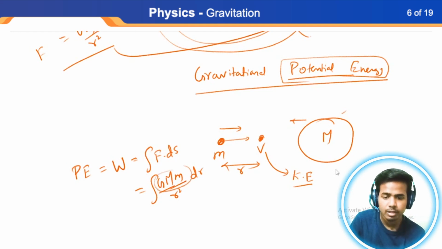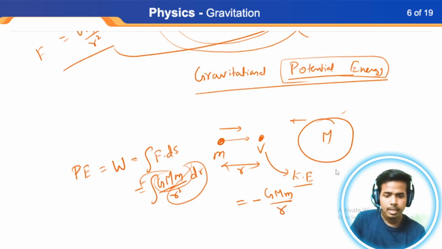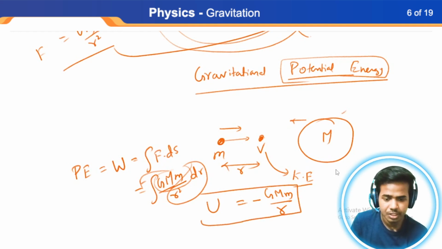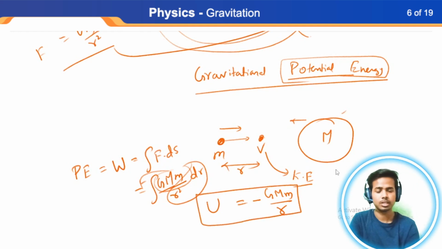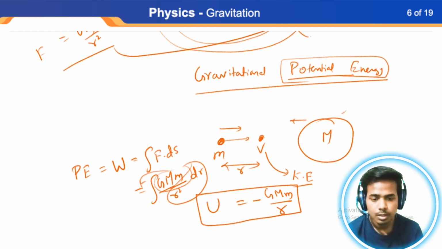Since this is a constant, it will come outside, and the integration of this one is actually equal to minus G capital M small m divided by r. This is the gravitational potential energy of the system, actually. Minus G capital M small m divided by r, nothing else. This is the gravitational potential energy.